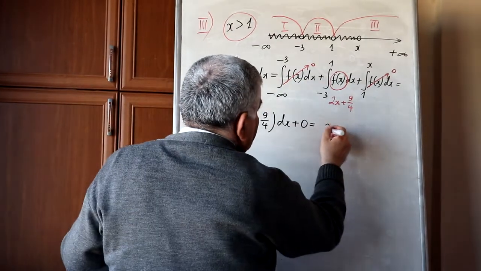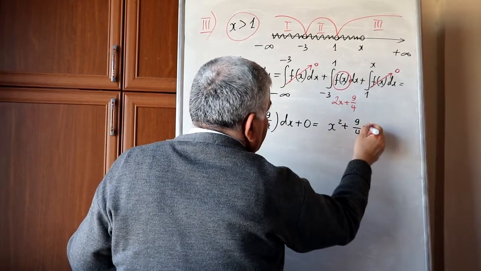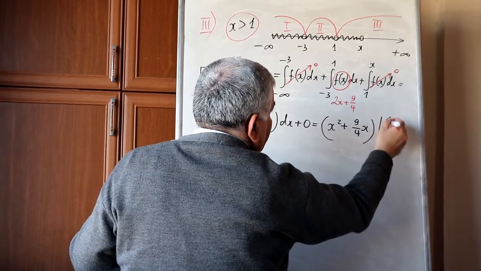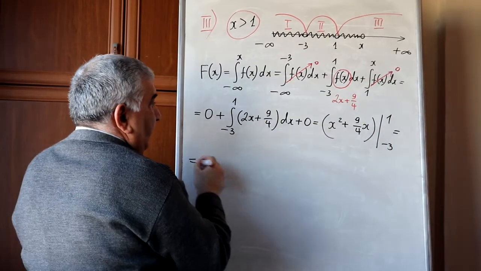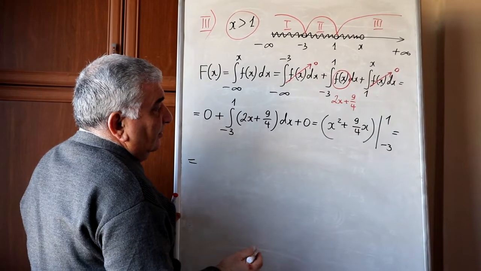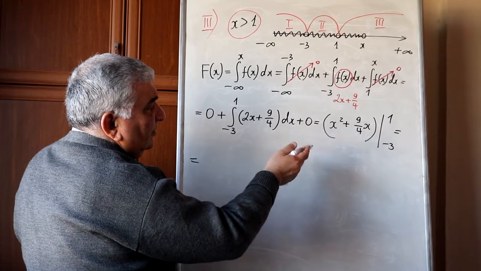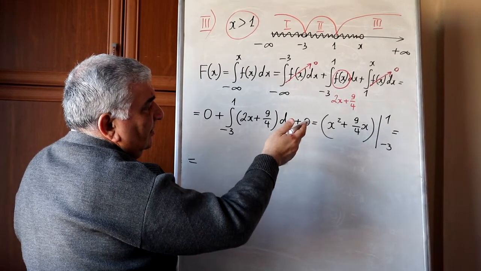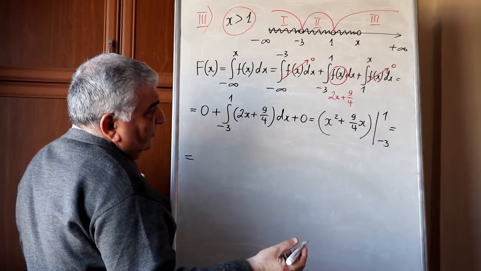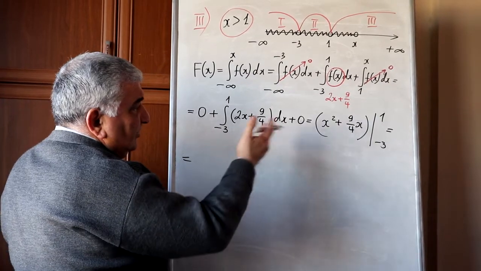The antiderivative is x squared plus 9/4 x with the double substitution from -3 to 1. And already we know that according to the main probability equality, it is unit, and we can show this result.